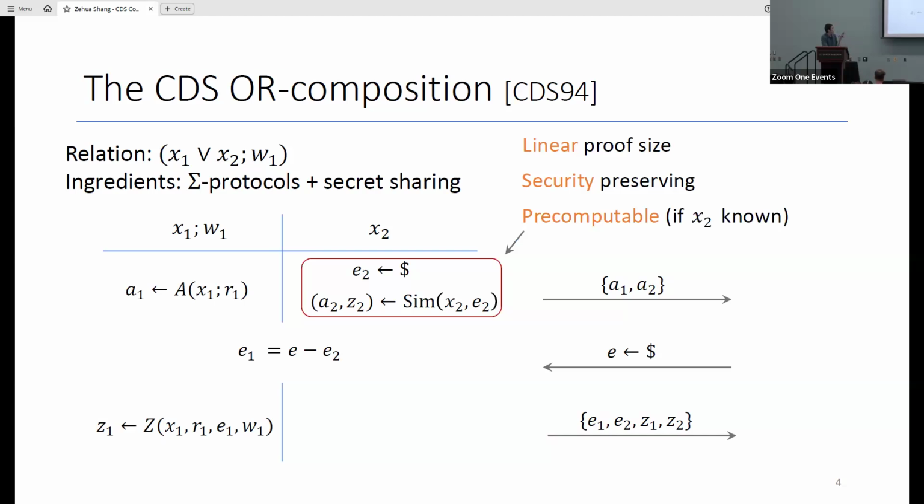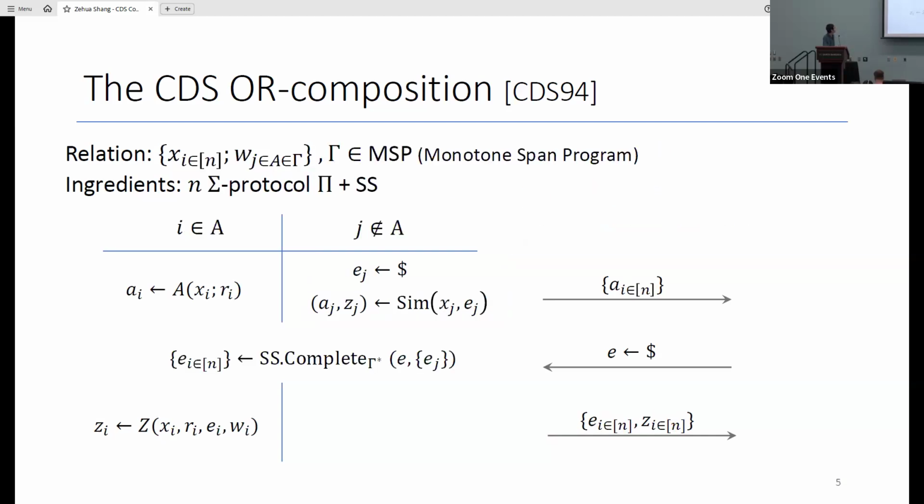And also, if the statements for simulation are already known, then your simulation is fully pre-computable. Okay, so this kind of OR composition can be generalized to more general access structures.